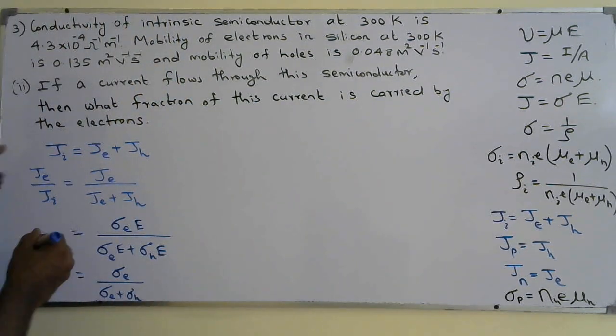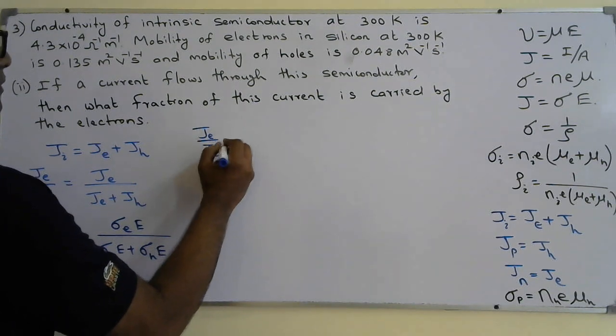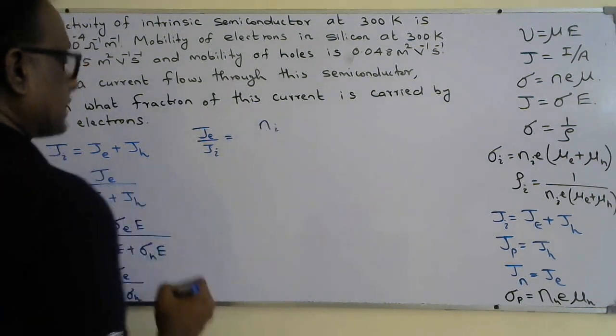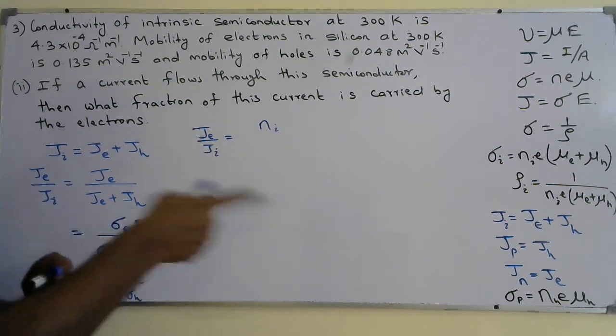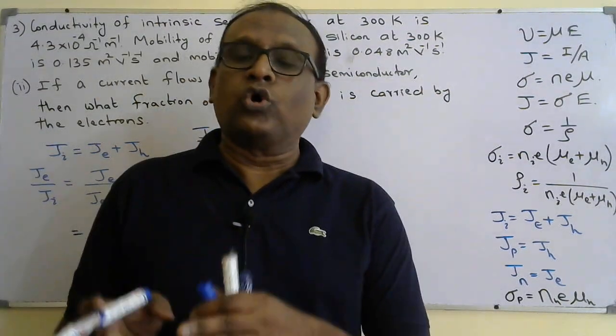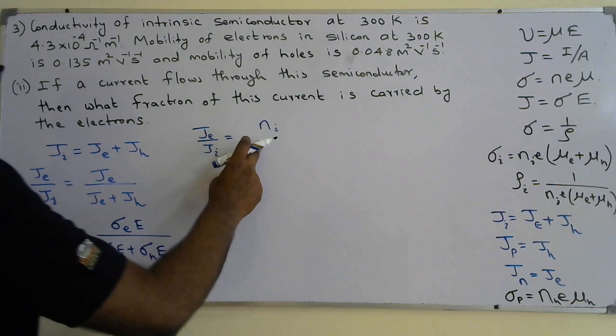So here I can say Je over Ji. Instead of sigma E, I can write Ni, because I can write Ne, but Ne equals Ni, because an intrinsic semiconductor will have the same concentration of holes and electrons, which I generally denote by Ni.